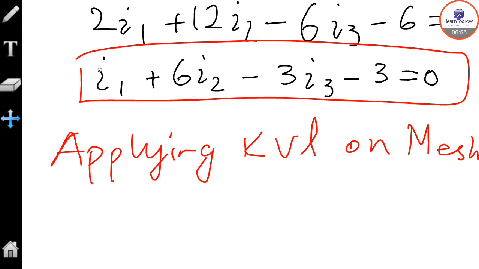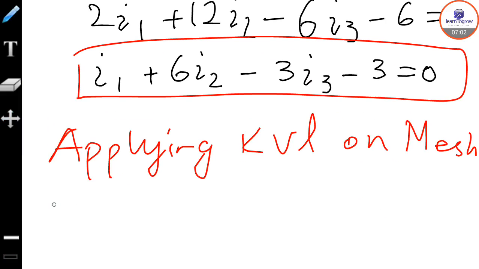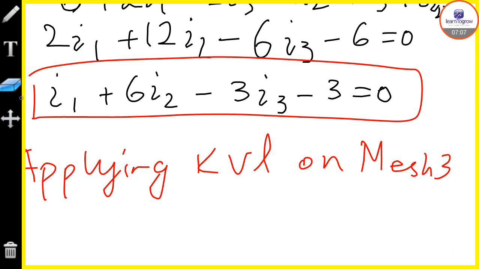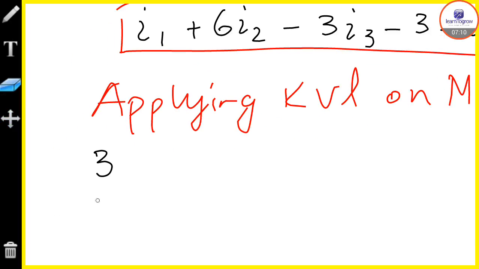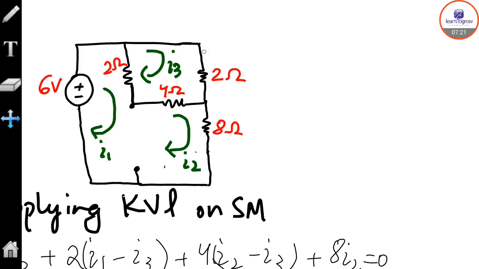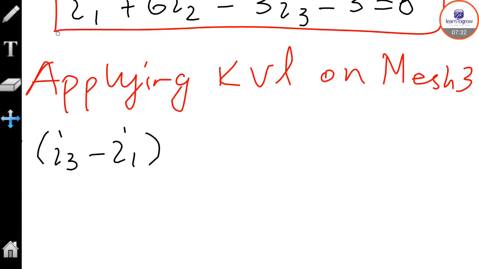That was 2 times I3 minus I1. Then this 2 ohm resistor is completely in this wire, and in this wire only I3 current is flowing, so this is 2, plus 2 I3 simply.